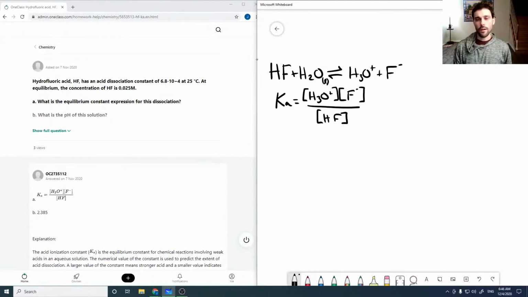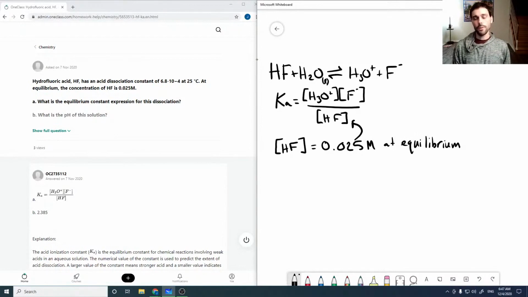Now, depending on the values given will be how we use to solve this, but here we have our equilibrium concentration, so that means we already have this value here, so that's this, right?